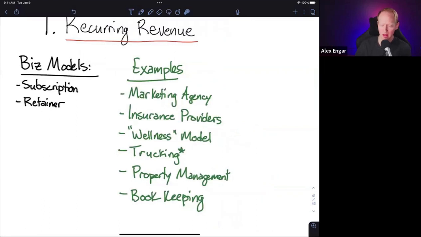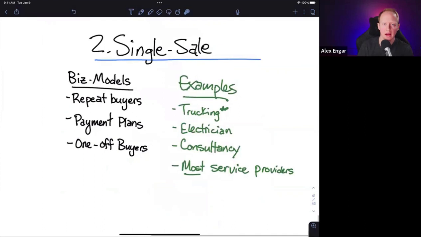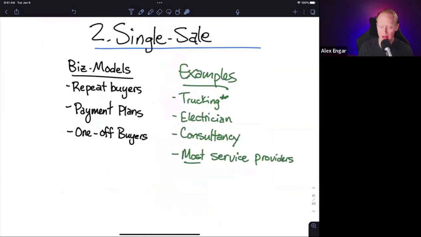There are others within that fit, but you can look at your business and say, do I have a recurring model or not? Then on the other side, we've got what I'll just call single sale. And the model here is you may even still have repeat buyers. They may be buying from you regularly, but there's not an assumption that they're going to keep buying at the same revenue amount, right? Every single week or every month or every quarter. So they may be repeat buyers, but it's not on a regular cadence at a regular price. Okay.